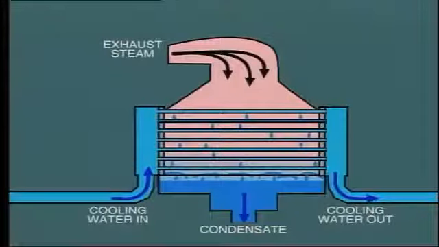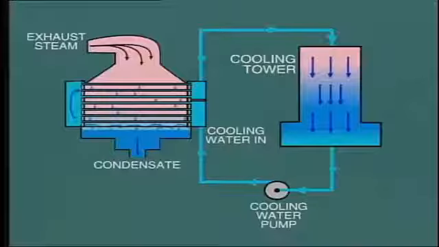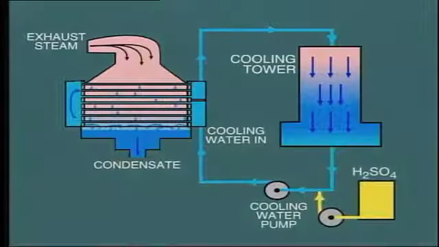In an attempt to maintain a clean condenser, chemical injection is carried out at some installations. Adding a biocide to the circulating water can reduce or eliminate the growth of algae. Sulfuric acid may also be added in some plants where a closed-cycle cooling tower system is used.